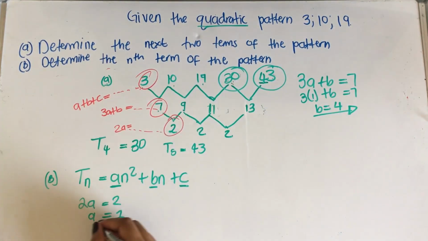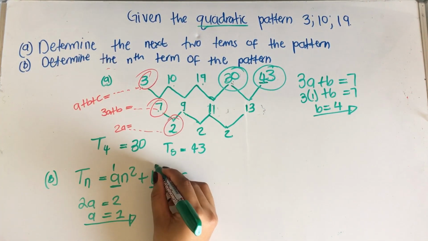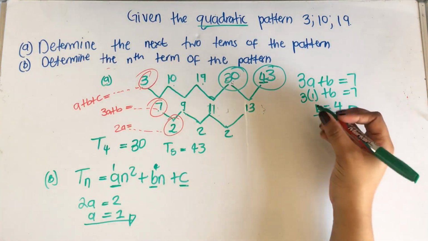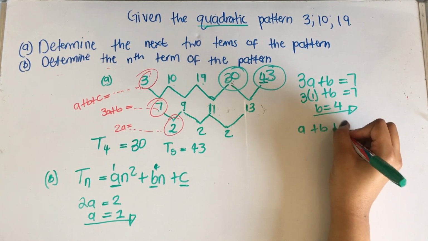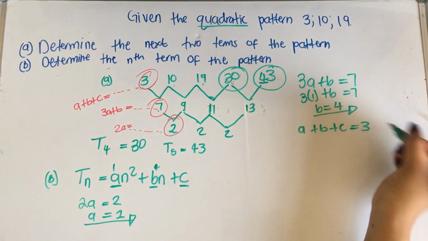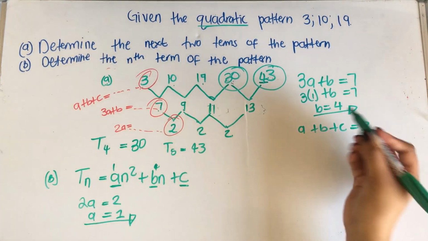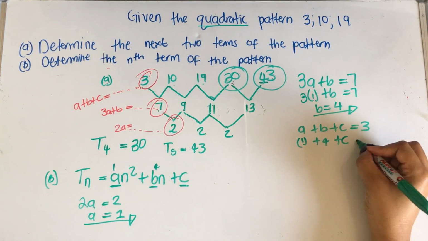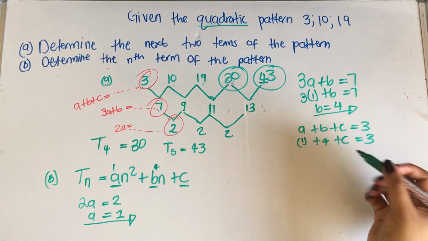So you see, you have your a, which is 1, your b, which is 4, your c, which we're yet to find out. A plus b plus c is equal to 3. A, which is 1, b, which is 4, c, which is the unknown, is equal to 3. 1 plus 4 is 5.